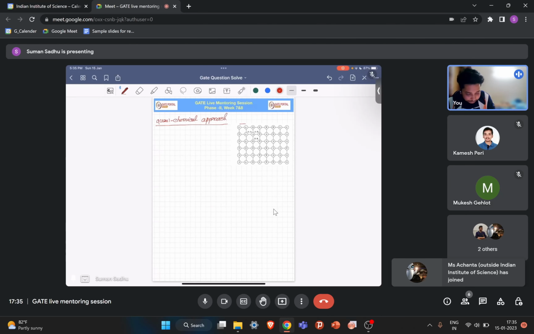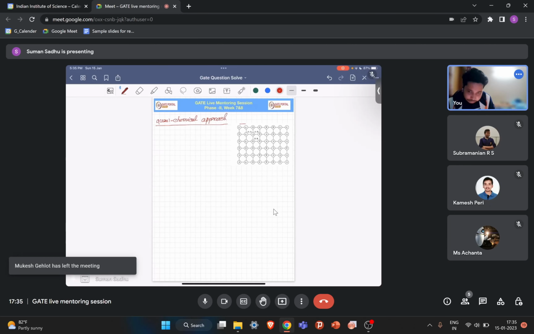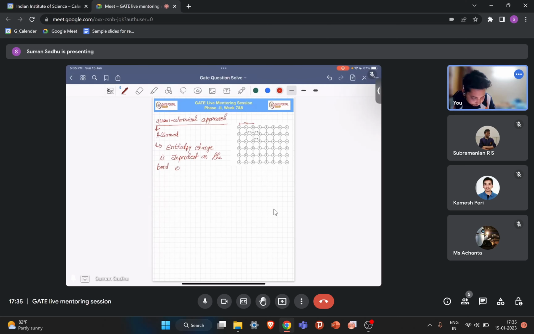So this model assumes enthalpy change depends on bond energy.